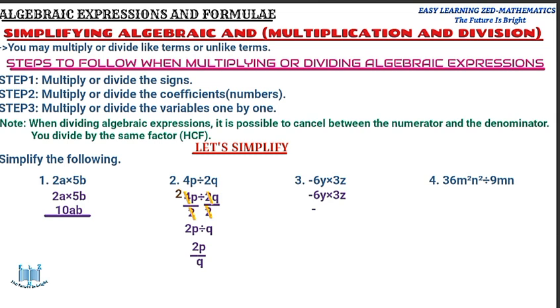Then we go to numbers, we multiply. 6 multiplied by 3 will give us 18. Then y multiplied by z will give us yz. So the final answer is negative 18yz. That is the final answer. Now we have simplified that one.